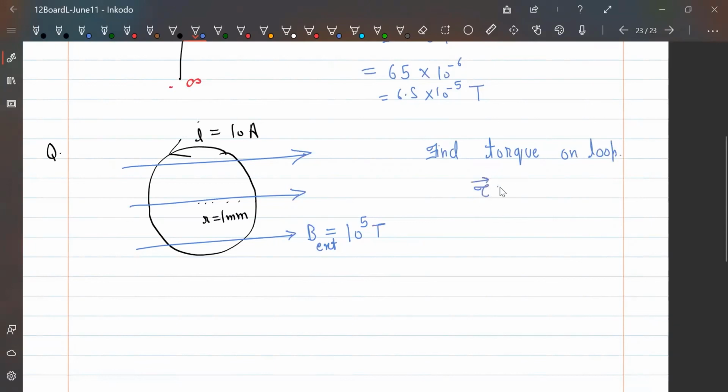Remember the formula for torque is m cross B, where m is the magnetic moment. M is written as number of turns into current into the area vector.